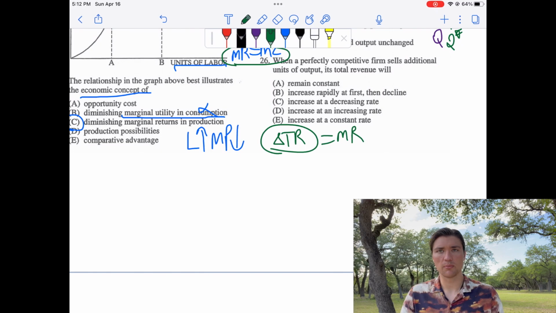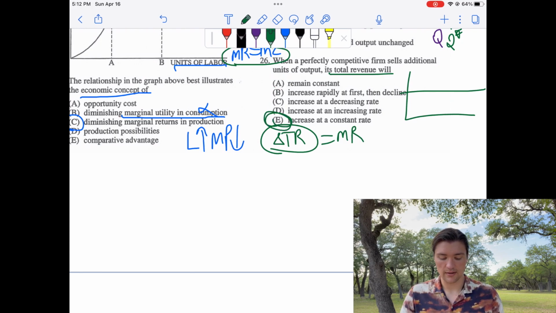And what's the shape of the marginal revenue for perfect competition? It is a straight line. Does your marginal revenue change? No. So therefore, your total revenue will increase at a constant rate. So 26 is E. Your total revenue will be increasing at a constant rate because your marginal revenue does not change.